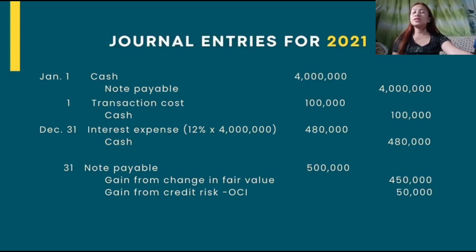In getting the interest expense, we use the percent, which is 12% times 4 million. Another entry is we debited note payable 500,000 and credited gain from change in fair value 450,000 and gain from credit risk in OCI 50,000.